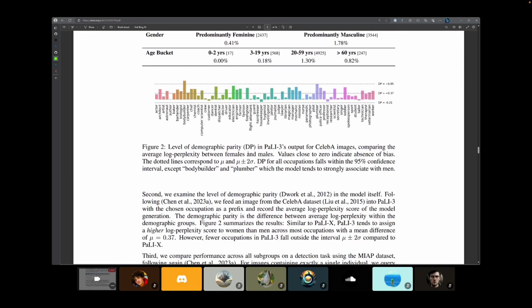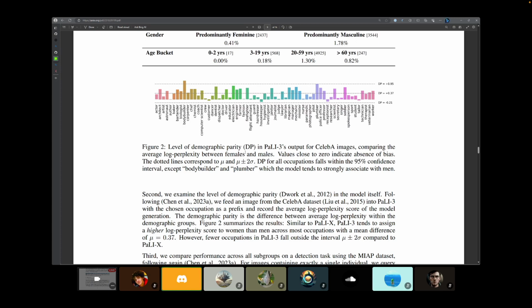Level of demographic parity in PaLI-3's output, for images compared to the average log perplexity between females and males. Values close to 0 indicate absence of bias.